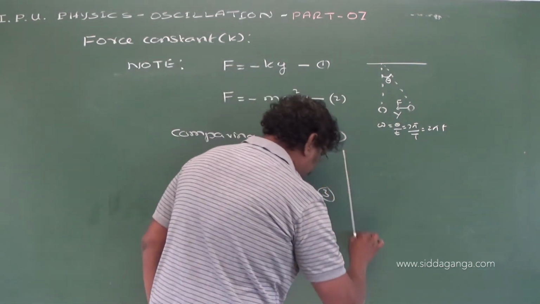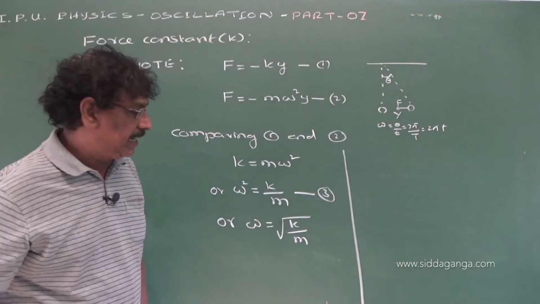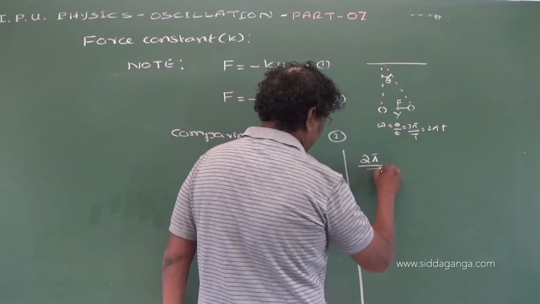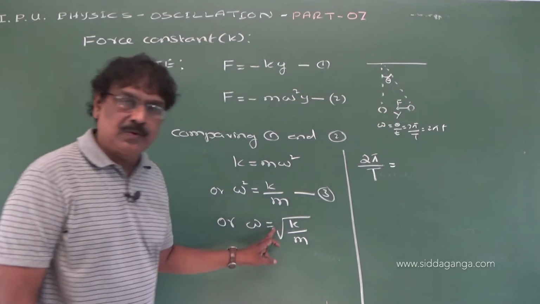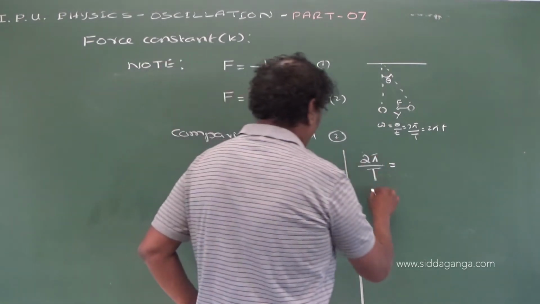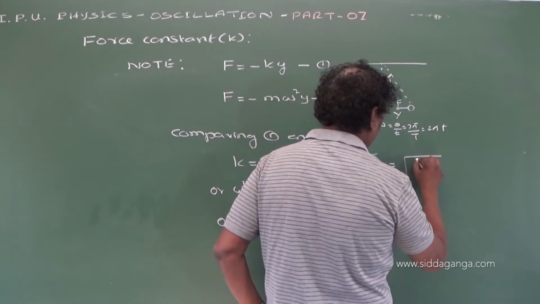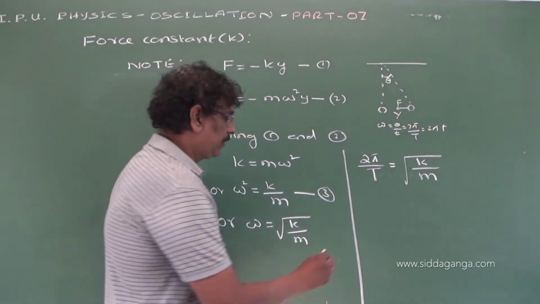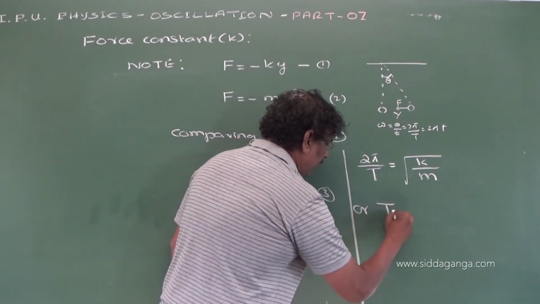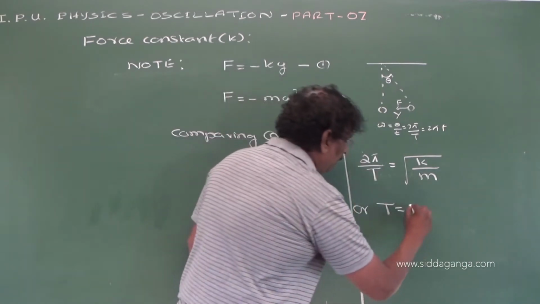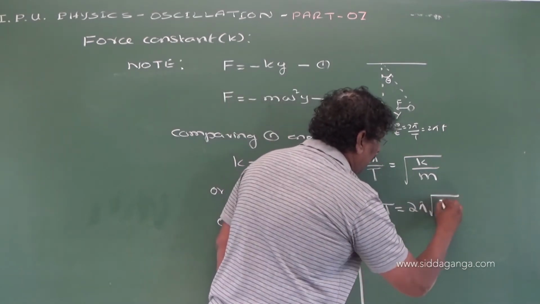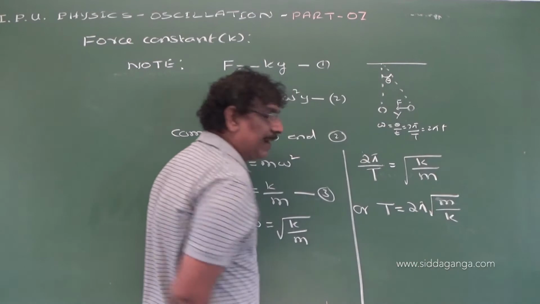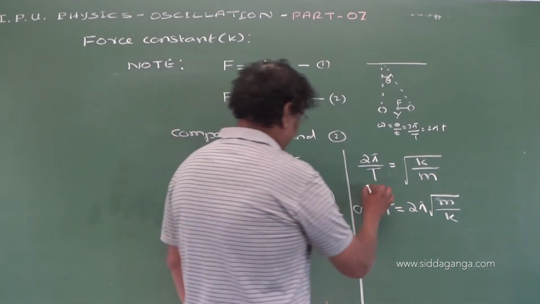Now see here, omega is equal to 2 pi by T, therefore 2 pi by T is equal to square root of k by m, or equating this, we have T is equal to 2 pi into square root of m by k. It is a very important equation.